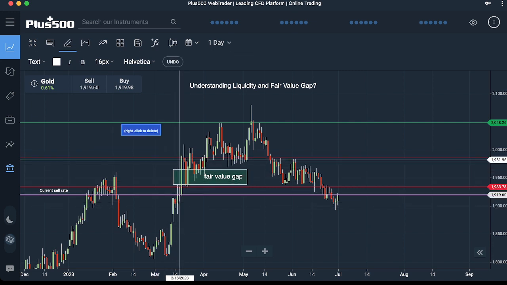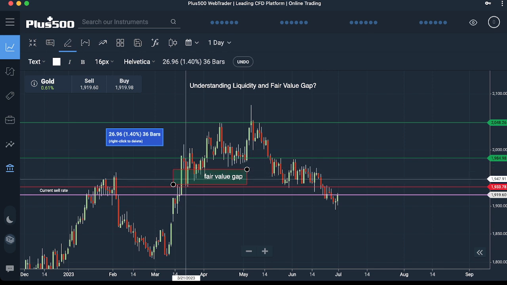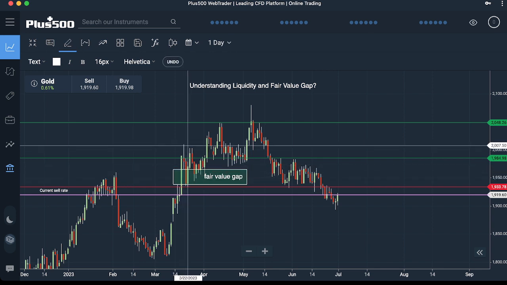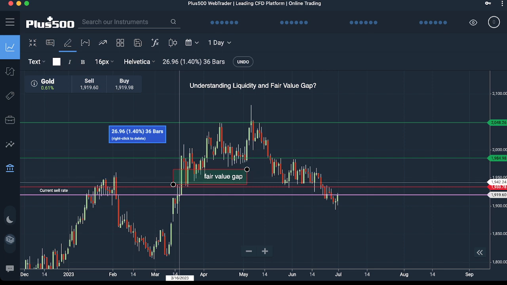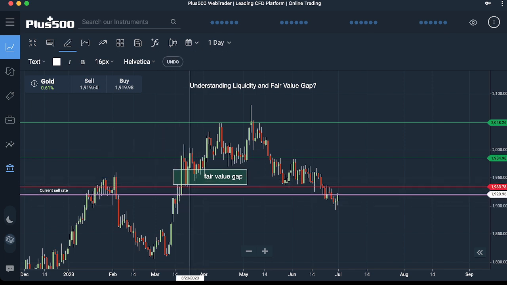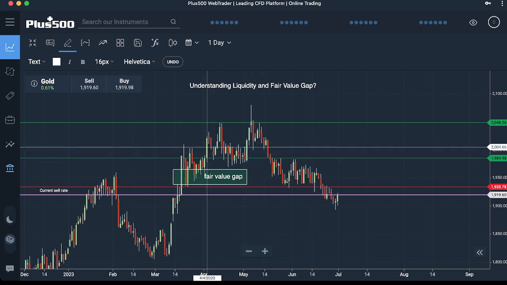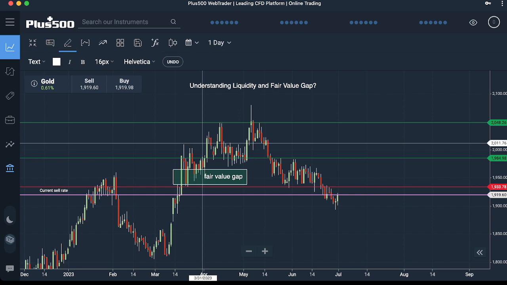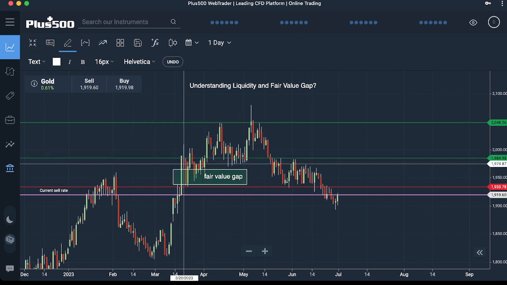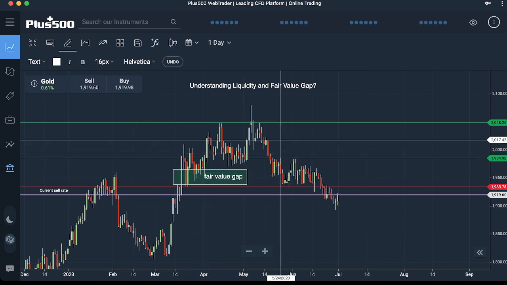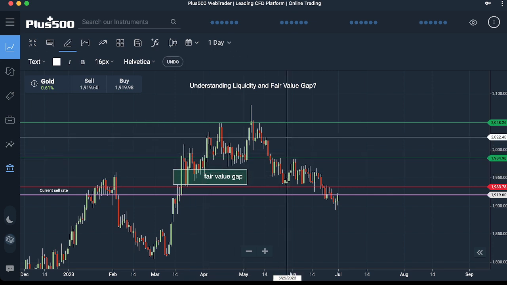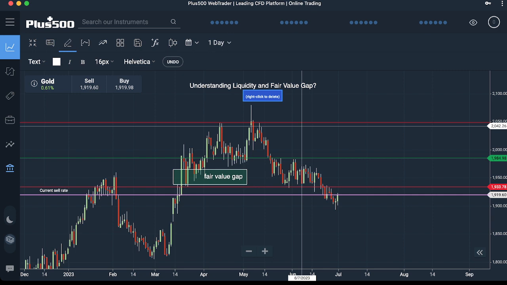Then inside the fair value gap, you can see we have a three-candle formation of a valid swing low. The middle one closes below the two others, and the third one closes above, in terms of the candle's body, not the wick. This is very important. When we have such a setup, definitely we are going to grab the liquidity.